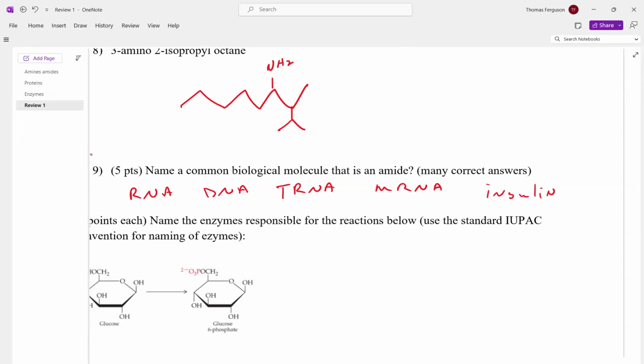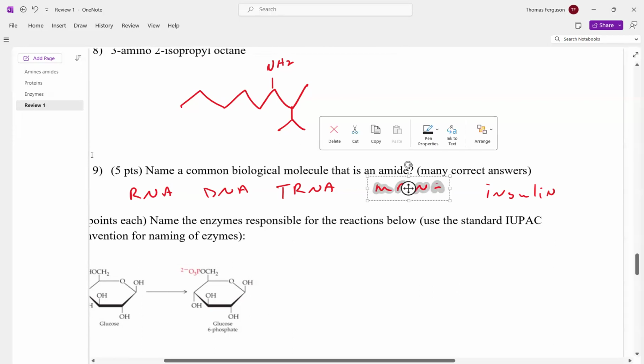So it's really imperative to bypass the stomach. That's why you have to inject it. If you have any friends that are type 1 diabetics on insulin injections, that's why. Sometimes it's a pump or physical injection. It's too bad, but it's just the way our stomach works. Anyway, there's a lot of answers to that. DNAs and RNAs are all amides. Insulin, there's a whole bunch of them.